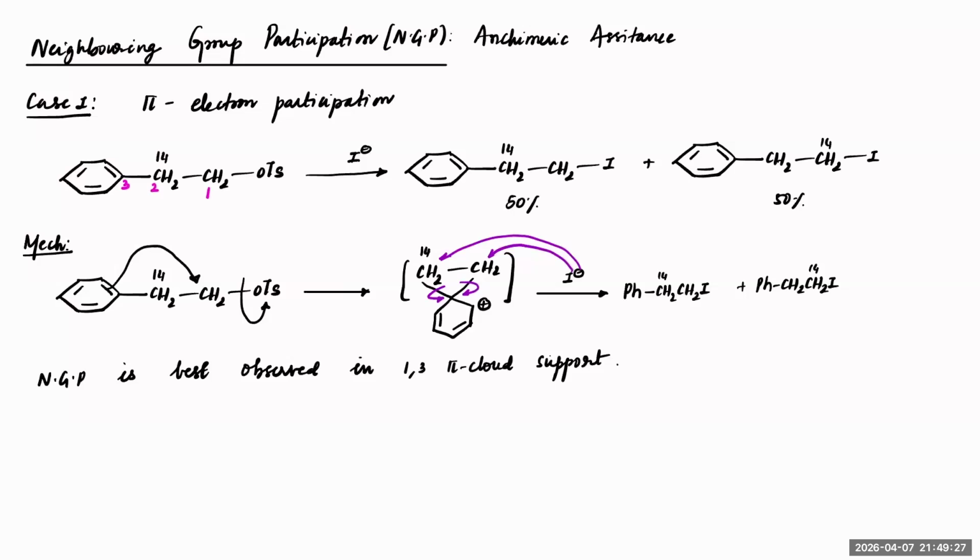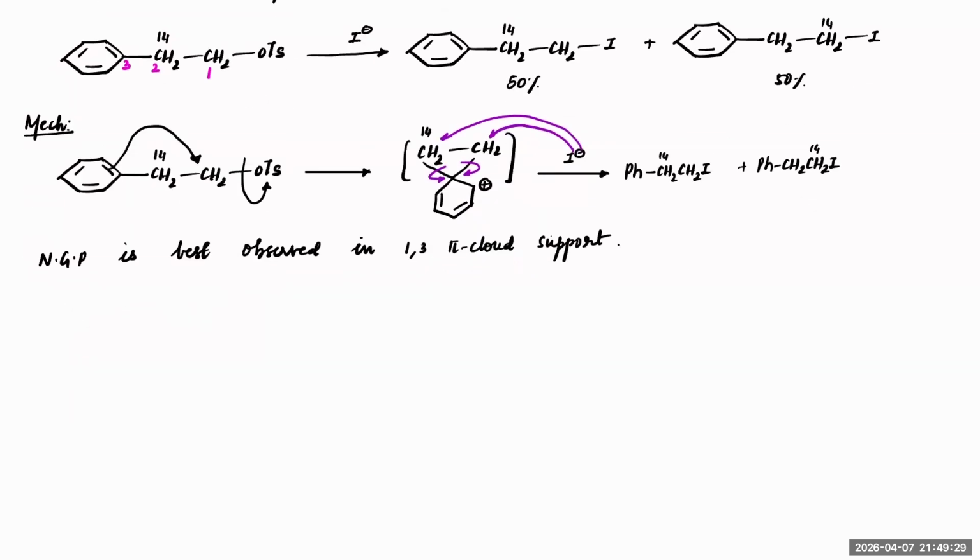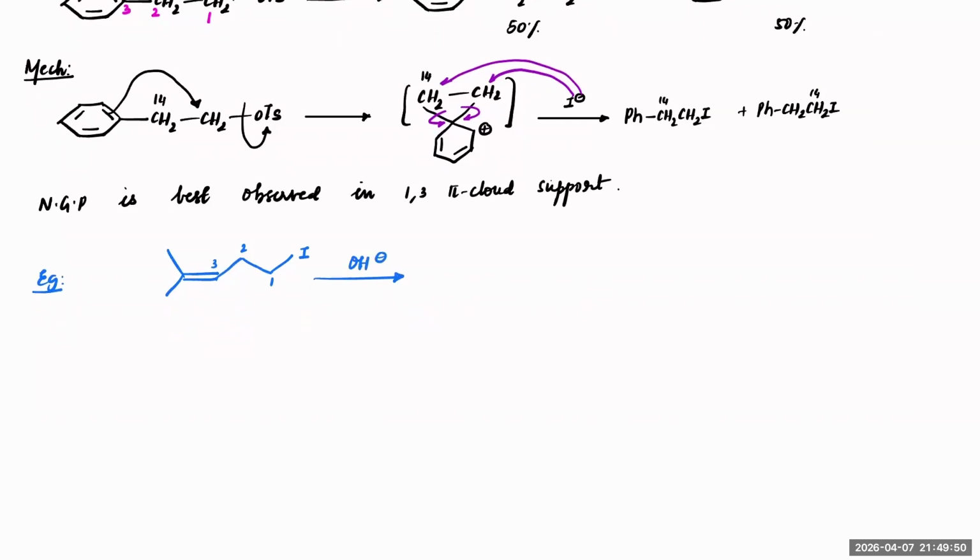Another example, if I put this as an example, check it out. Here we have a double bond, and we have 1, 2, and iodide here. So this is 1, 2, 3. On the third position, there is a double bond. And then I'm treating this with OH minus. If by chance this is carbon 14, the same logic will occur here.